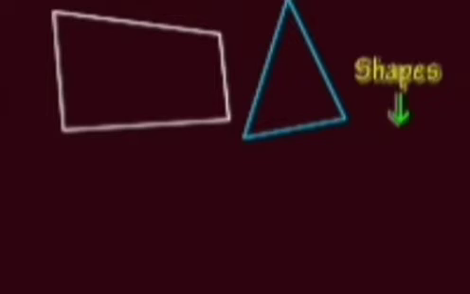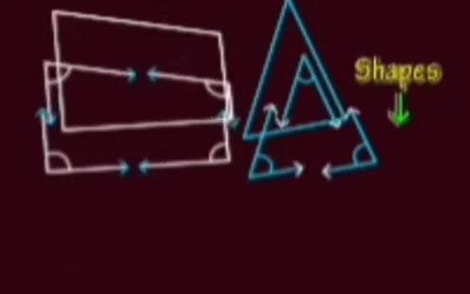So in shapes we have angles in between the lines, and where the two lines are meeting we have points.